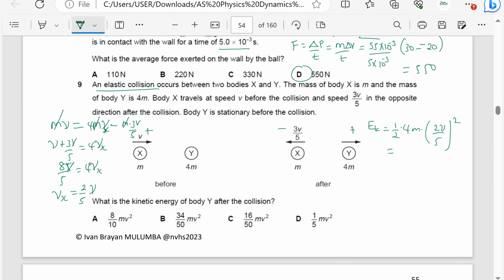So this is going to be 4v squared over 25. So it is 4m times 4v squared divided by 2 times 25, which is going to be 16m v squared divided by 50. 16m v squared over 50, so the answer is C.